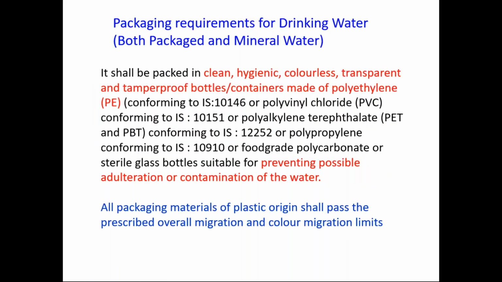Now, if you come to special packaging requirements for drinking water, it clearly says the bottles in which packaged drinking water is sold must be clean, hygienic, colorless, transparent, and tamper-proof. That means the seals should be there, and they should be made of polyethylene conforming to 10146, or PVC conforming to 10151, or PET bottles, which are the most commonly used.